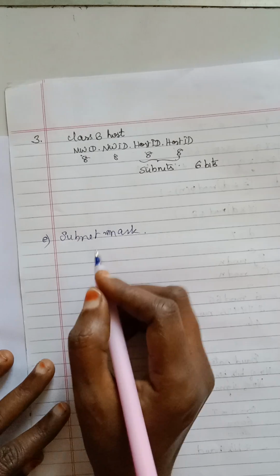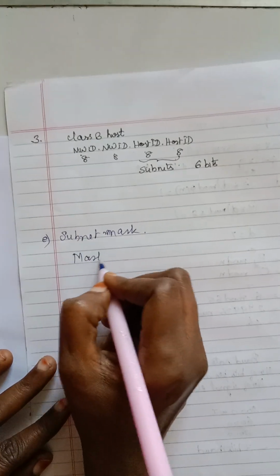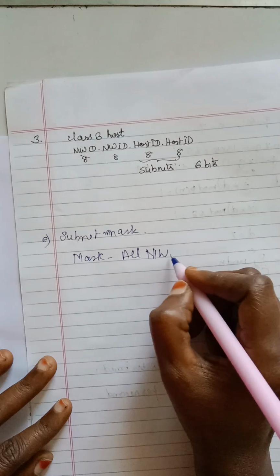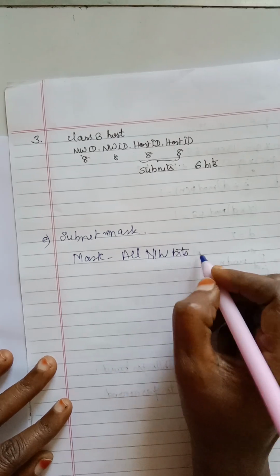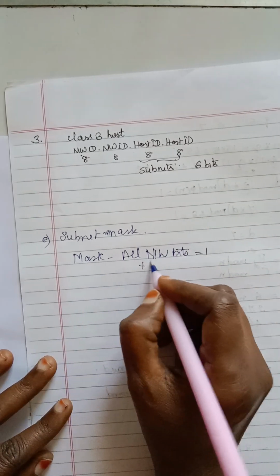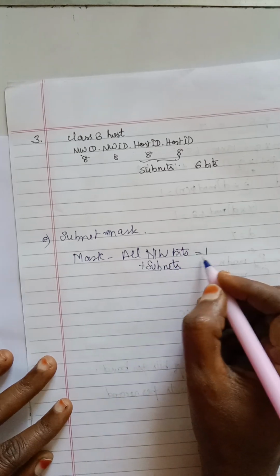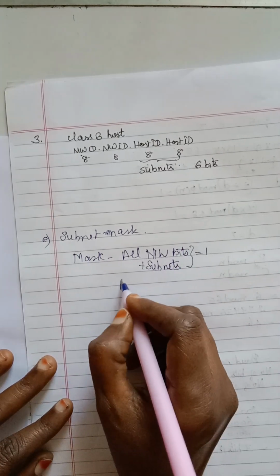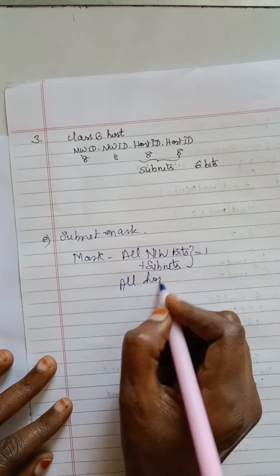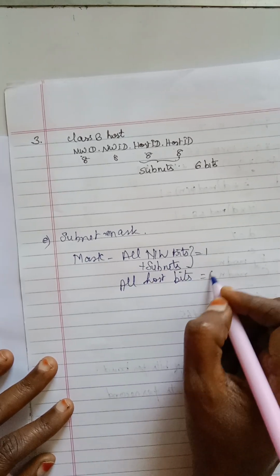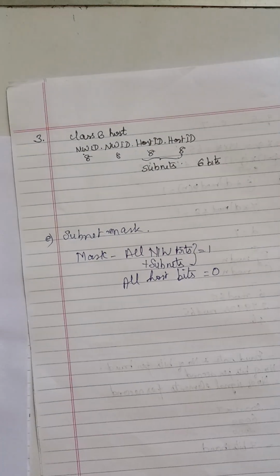You have to know that mask means all network bits will become one, that is network bits plus subnet bits. All network bits and subnet bits will become one, and all the host bits will become 0. So that is a subnet mask.